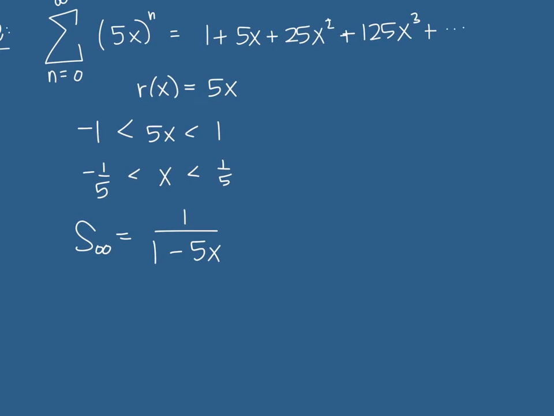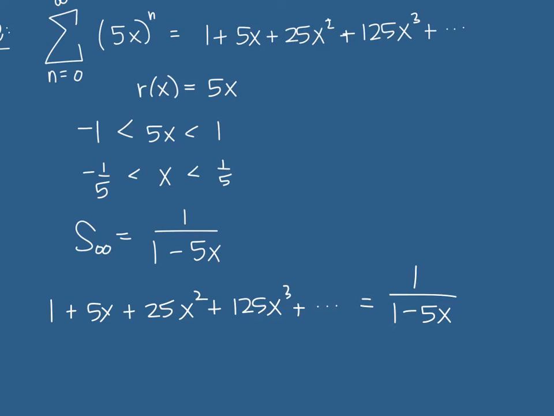In other words, what we're saying is that 1 plus 5x plus 25x squared plus 125x cubed plus infinitely many terms can be simplified to the single function 1 over 1 minus 5x. Those two things are essentially the same thing, which is going to be hugely helpful to us. They are interchangeable.